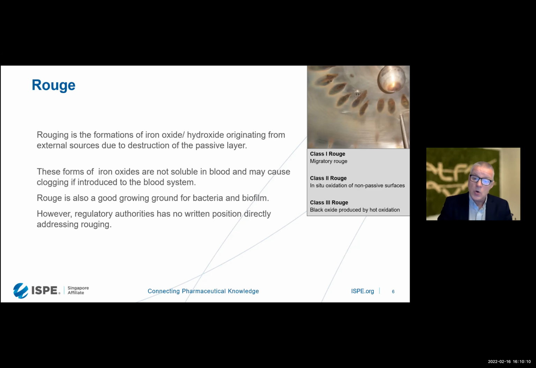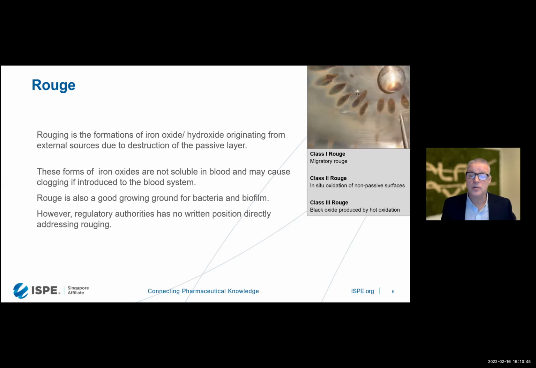And also in the water system, rouge is not so good, because it will destroy the surface finish on the inner surfaces or the product contact surfaces in your water system. And the surface finish where you have rouge is not at all close to Ra 0.4 or 0.6 or whatever it might be. It's a very, very poor surface finish. So it means it will also be a very good growing ground for the bacteria and biofilm.